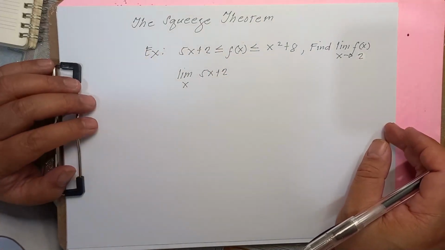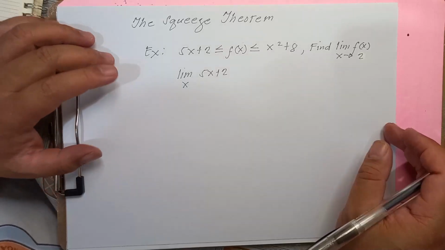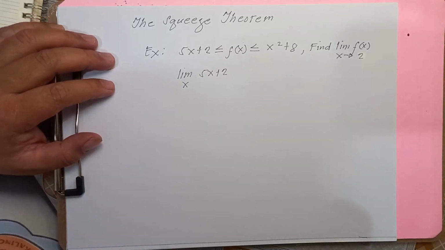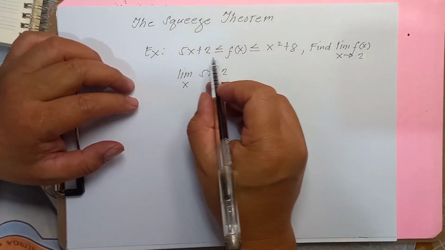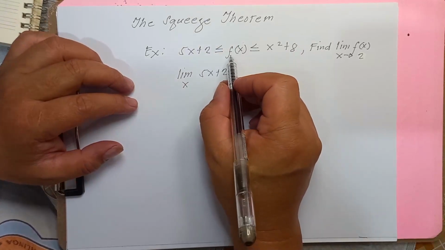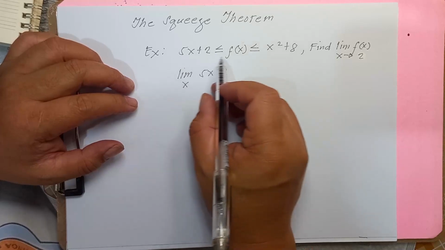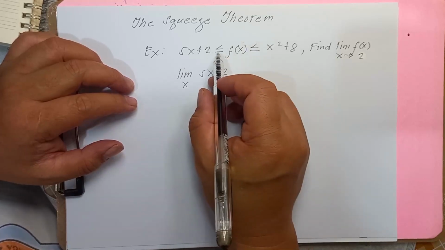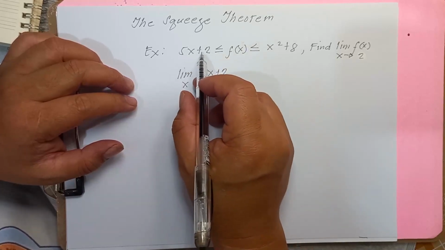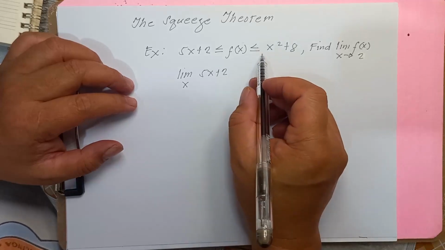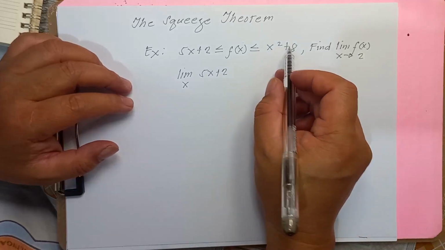We have here the squeeze theorem, an example of the squeeze theorem. Now it says, how are we going to get the limit of the function f of x? Our problem is f of x is greater than or equal to 5x plus 2 but less than or equal to x raised to 2 plus 8.